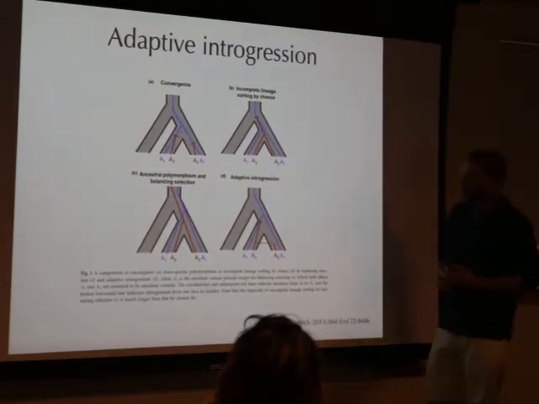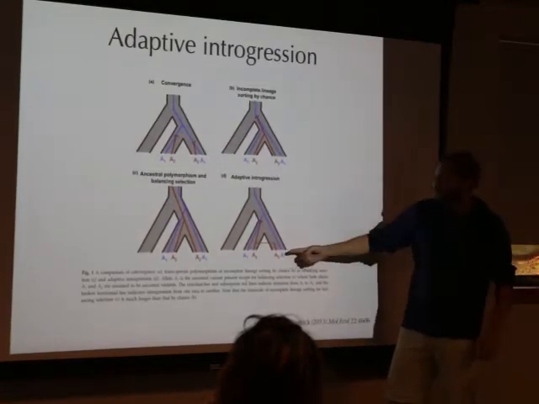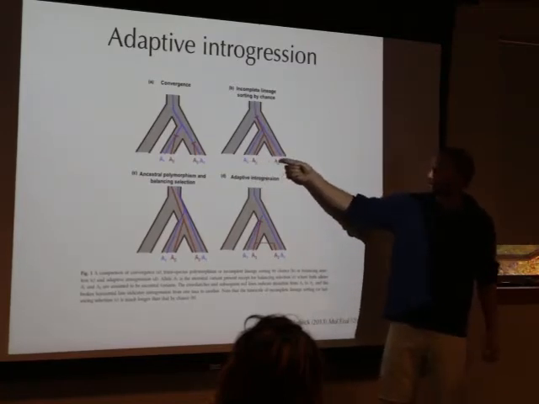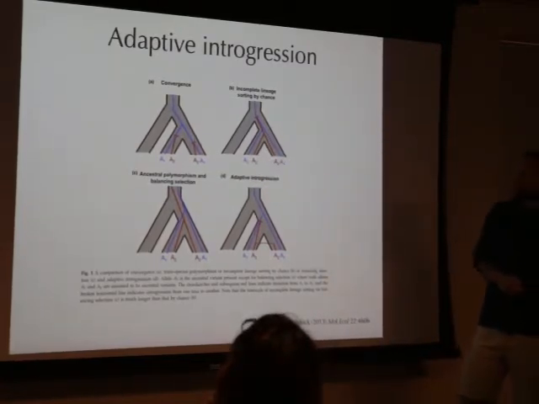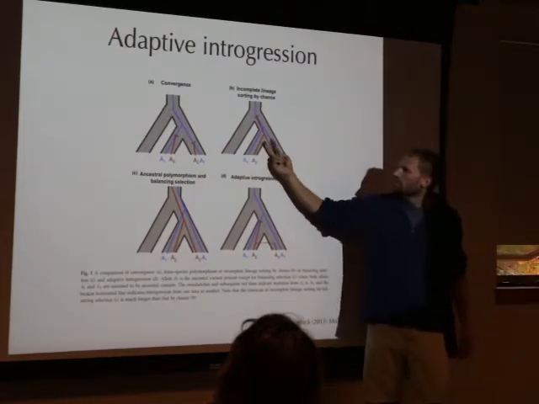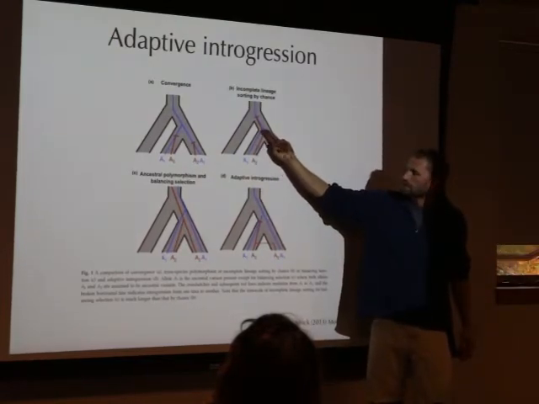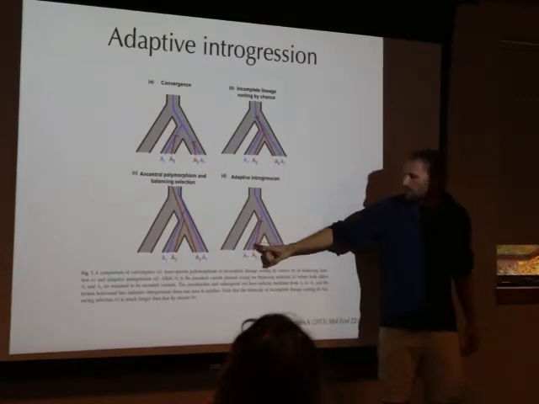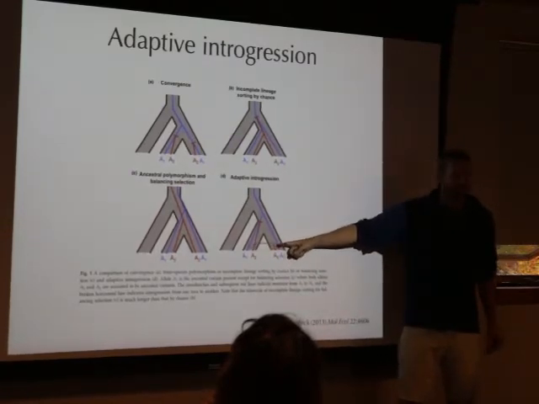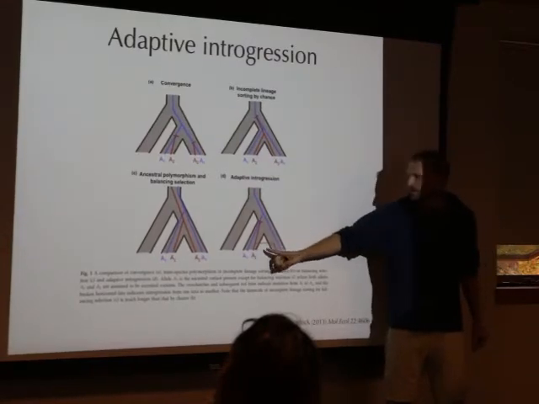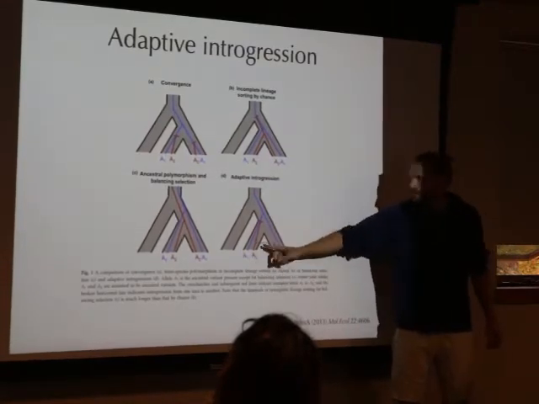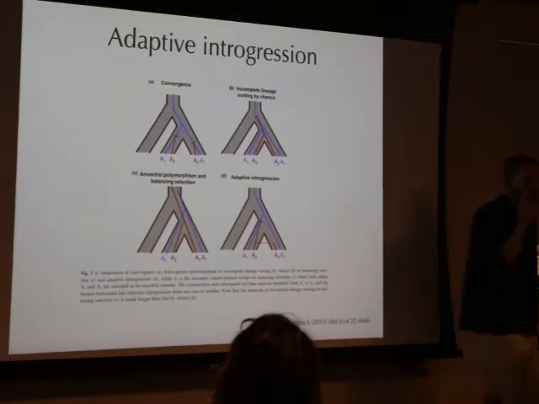And you can have various scenarios for how these species down at the bottom might end up with essentially shared polymorphism. It could be that the polymorphism traces back to a common ancestor, but it could also be an introgression event like this, where there's some hybridization between these two species, and this A2 allele, in this case, sort of crosses over to this other lineage.